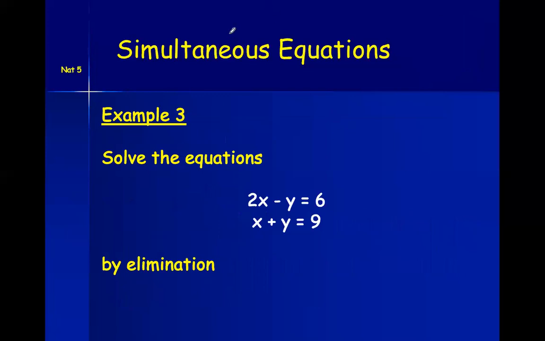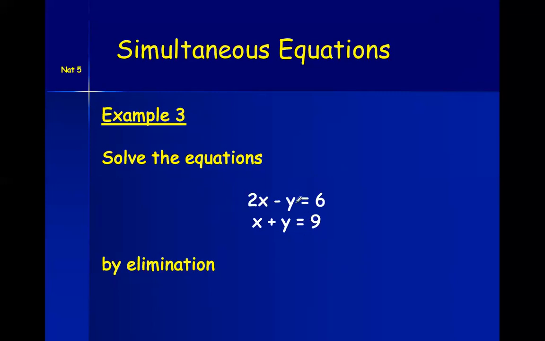So now, for this third example, have you noticed this time we've got a negative y and a plus y? Negative y plus y, so as you can see, they've got opposite signs.